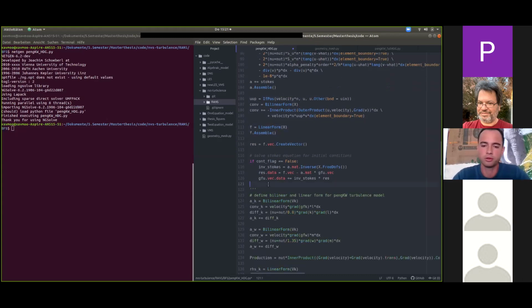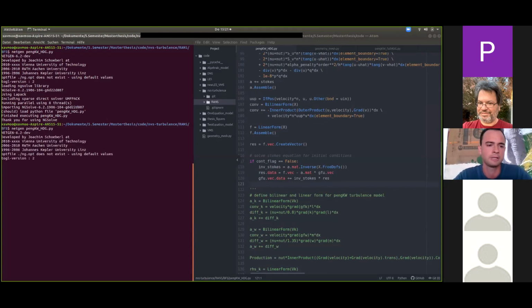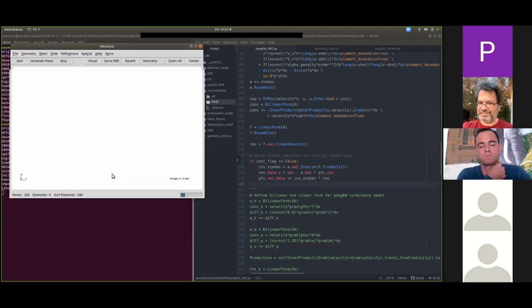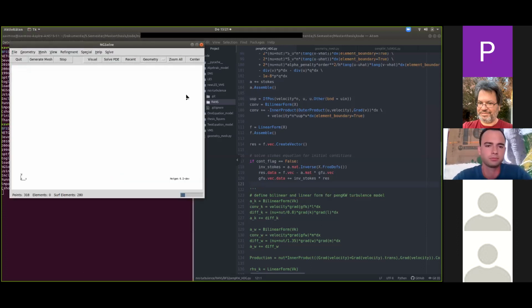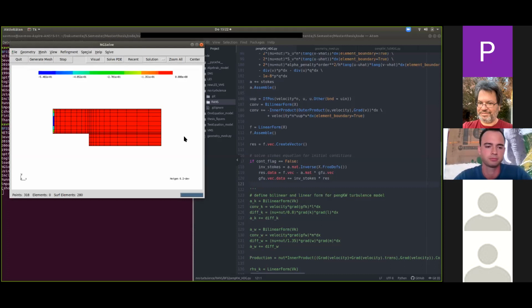And in order to get an initial velocity field, we just solve our stationary Stokes problem, which is done here. And I would like to show you how it looks.